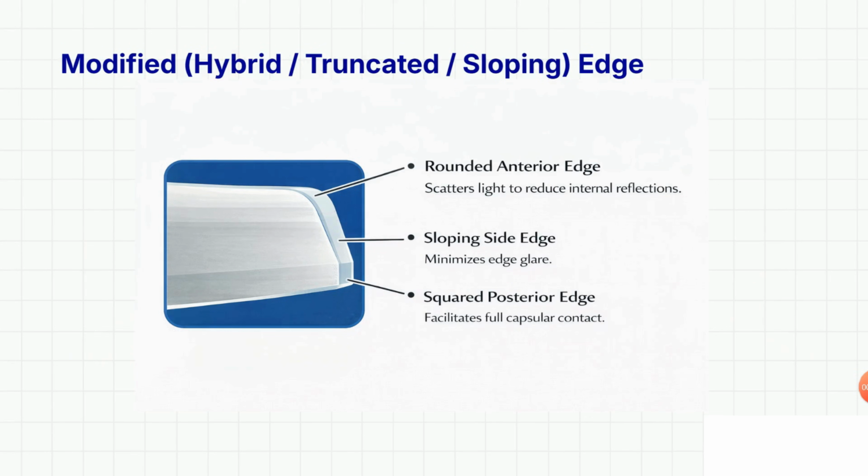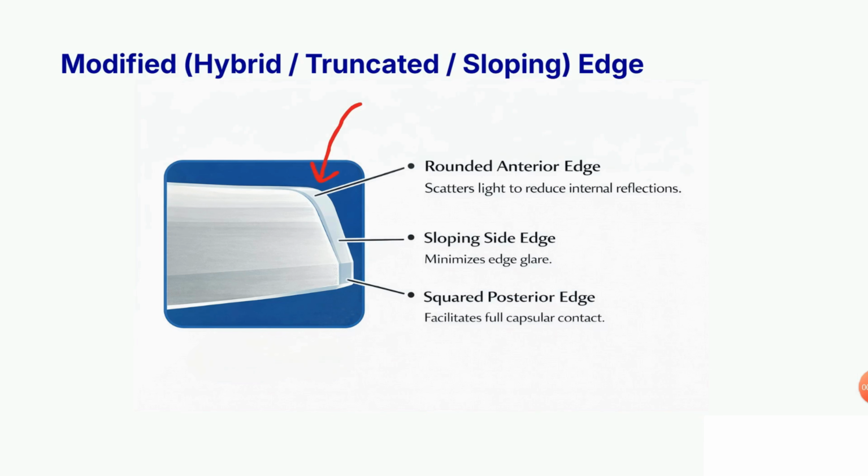Some modern IOLs incorporate a modified or hybrid edge design. In these lenses, the posterior edge remains sharp to preserve the anti-PCO effect, while the anterior edge is rounded or sloped.